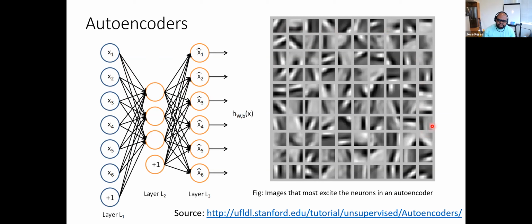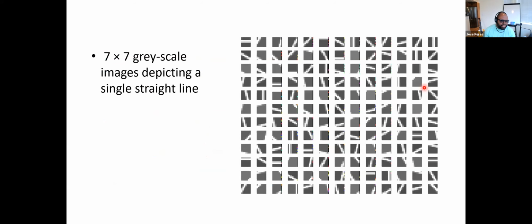Here on the right-hand side, I'm showing you images such that each one of them is the image that most excites one of these middle neurons in an autoencoder trained on natural images. In other words, you can think of this as the neurons that the network learned to look for in an image.